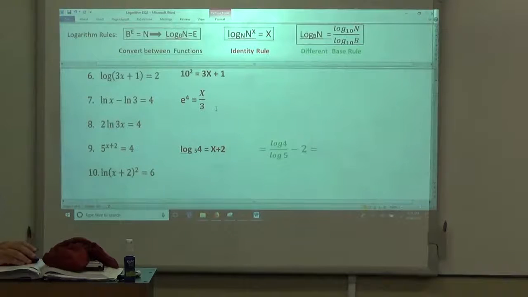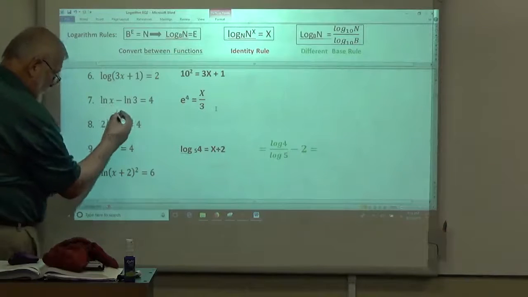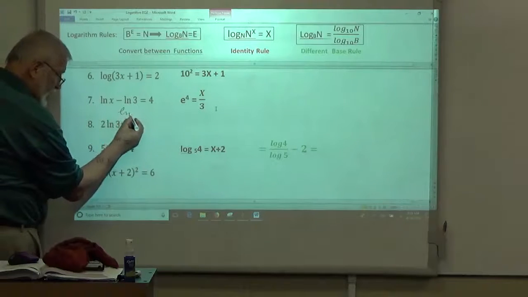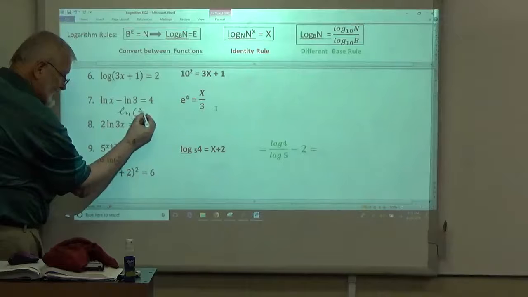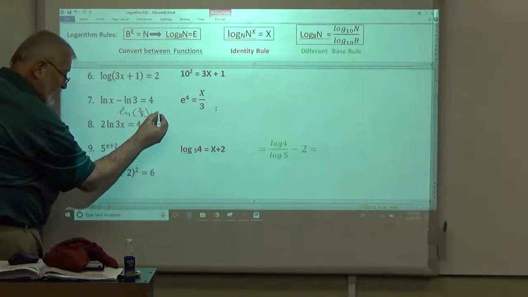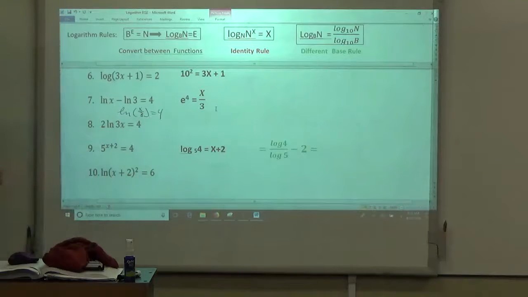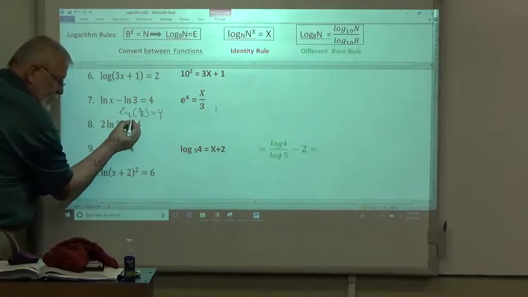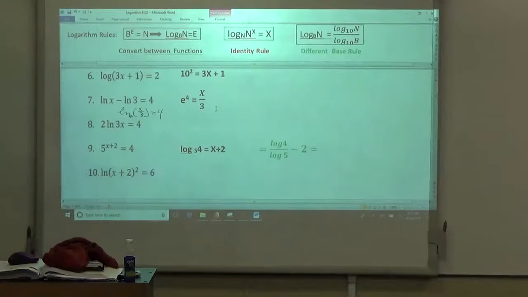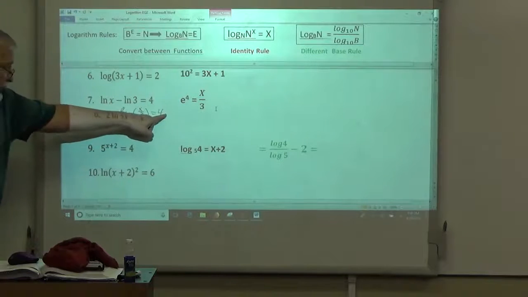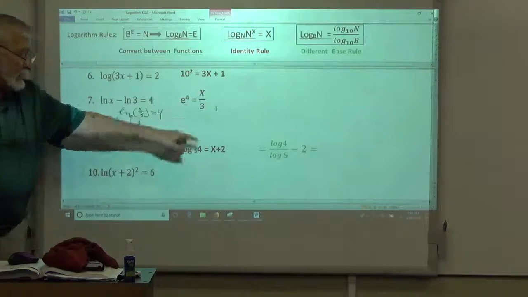Now, if I had the ln of x divided by 3 equals 4, what is 4? The exponent of base e. Because that's ln, right? And so I take e to the 4th power equals x over 3.